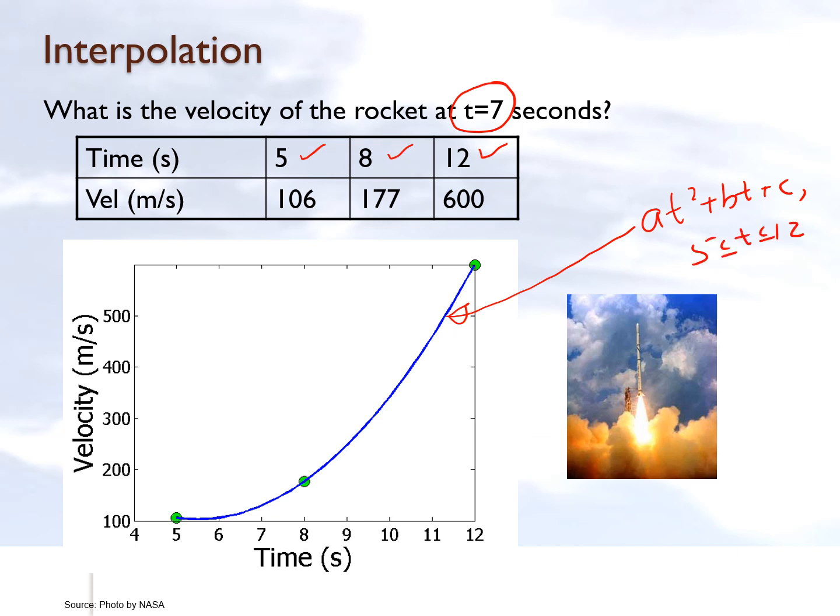That's the interpolant we're using. If we find a, b, and c, as we did on the previous slide, we can find out what this velocity profile would be. Based on that, I can find the value of the velocity at 7 seconds, which will be right here.